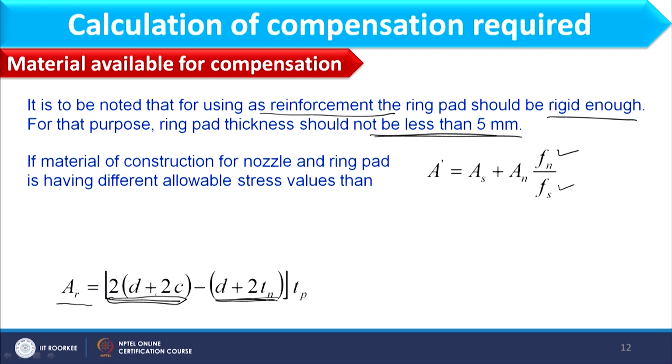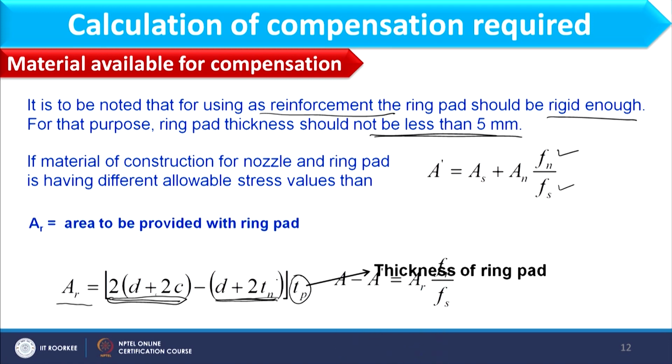So, beyond the outer diameter of the nozzle I have to make the ring. So, therefore, AR would be this into TP. TP is the thickness of the ring pad, and this I have to take at least, and this should be greater than or equal to 5 mm.